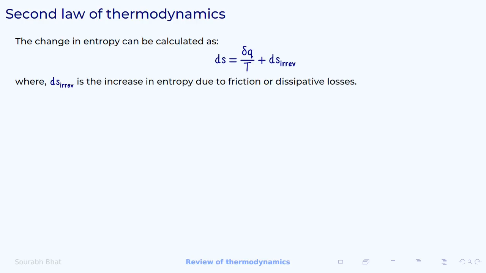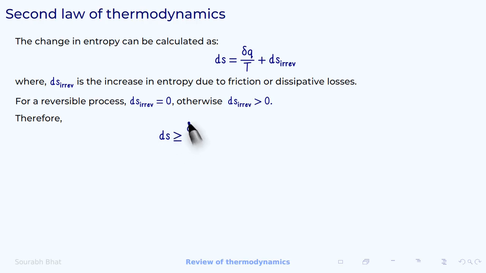The change of entropy can be calculated as ds is equal to delta Q by T plus ds irreversible, where ds irreversible is the increase in entropy due to friction or dissipative losses. For a reversible process, ds irreversible is equal to 0, otherwise it is greater than 0.